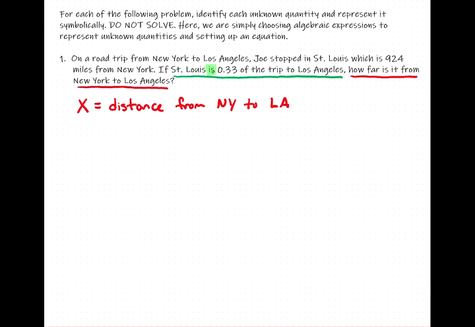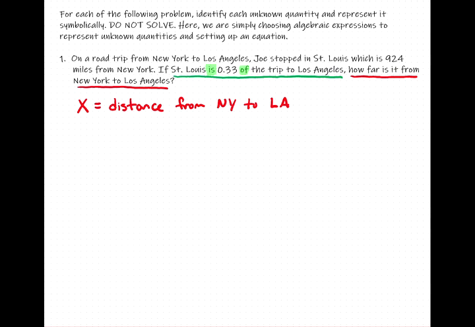And when you see the word "of," O-F, followed by a number, that means multiplication. In this case, I see the word "of" followed by the trip to Los Angeles. Well, that's a number. That distance is what we're looking for. We just don't know what that number is yet.